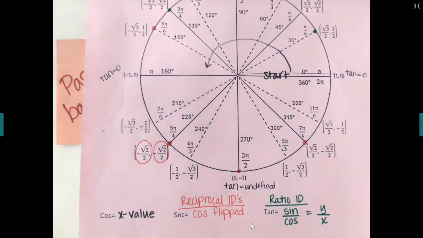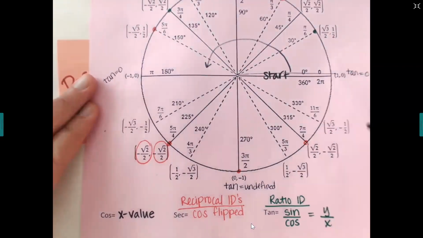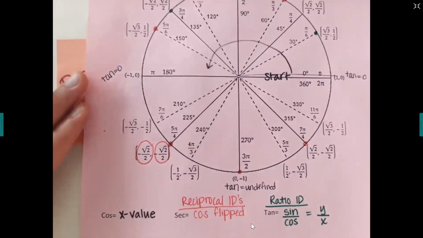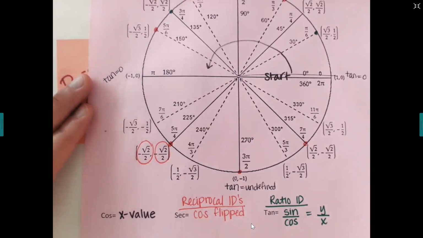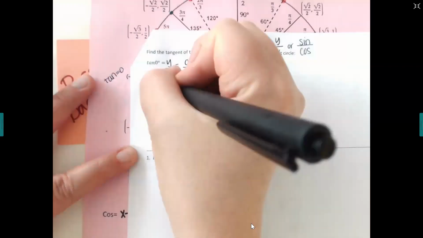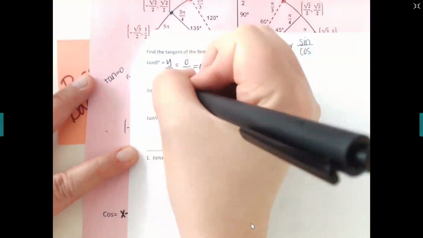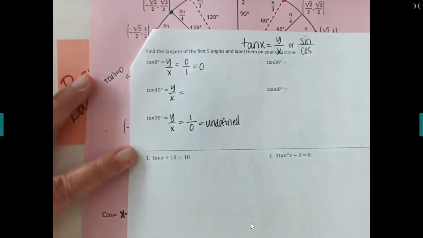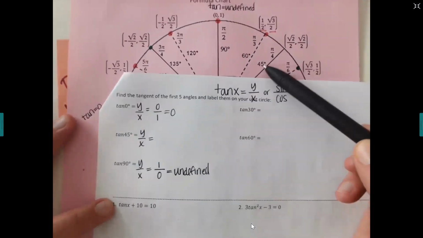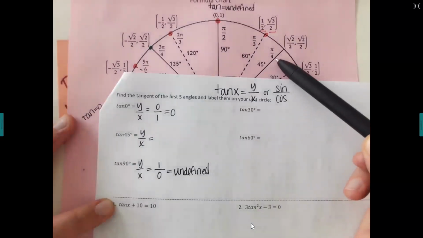Everybody good? Okay. Back to your notes, we're gonna do 45 degrees. So remember, tan is still y over x. Look at 45 degrees, it is right here. You can barely see it in the top of my paper. What's my y value?